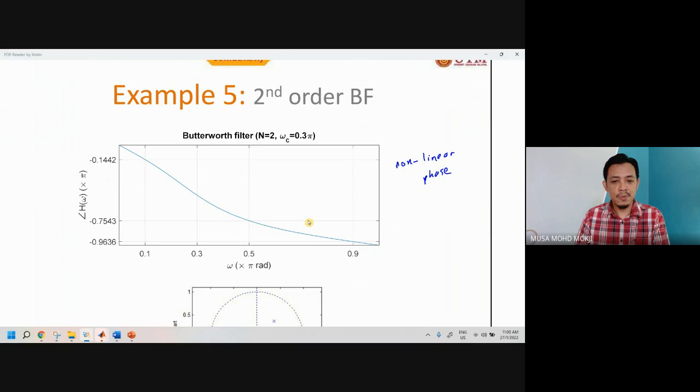Which one are we referring to as linear time invariant? It is when we do the filtering. When we do the filtering, we are doing convolution, and convolution is a linear process, a linear and time invariant process.